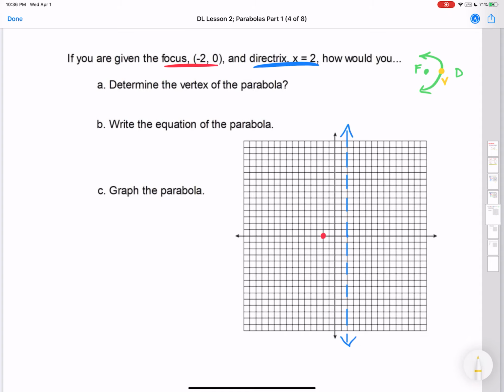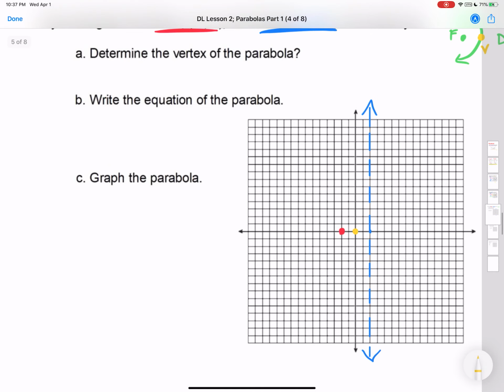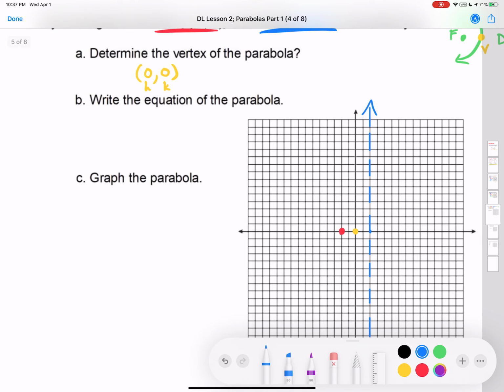Well, if it's right in the middle, the point right in between the focus and the directrix is right over here. And that point happens to be the origin. So the vertex is going to be located at 0, 0. And that's our h and our k value. Now, we also know that the p-value is the distance from the vertex to the focus.